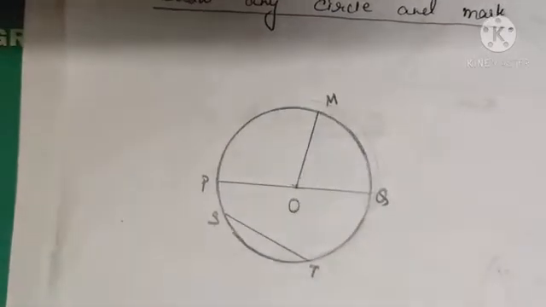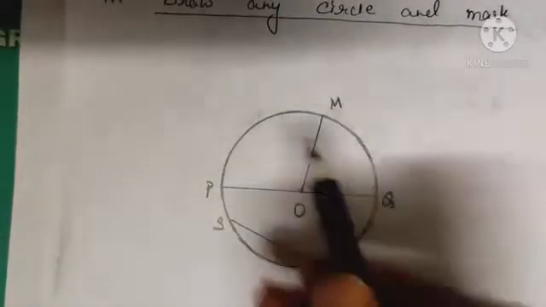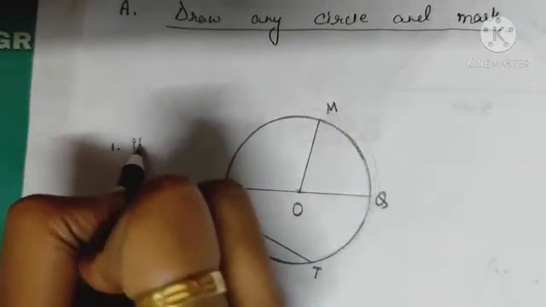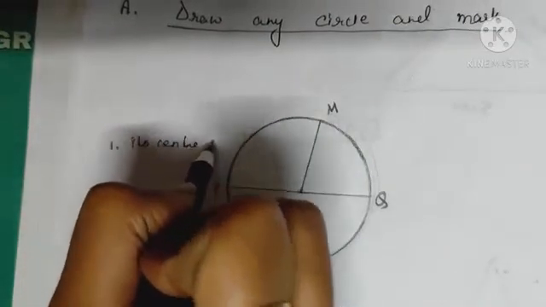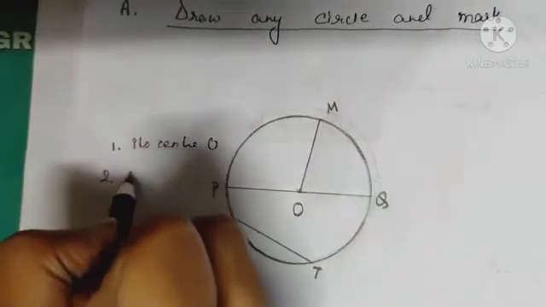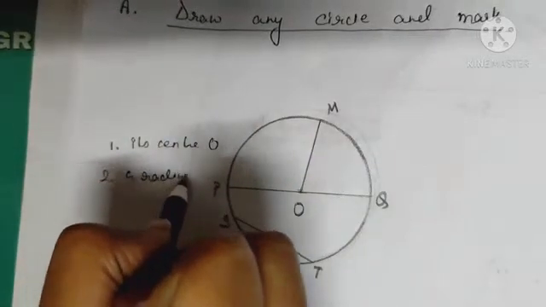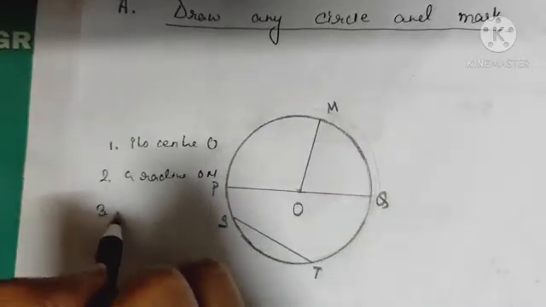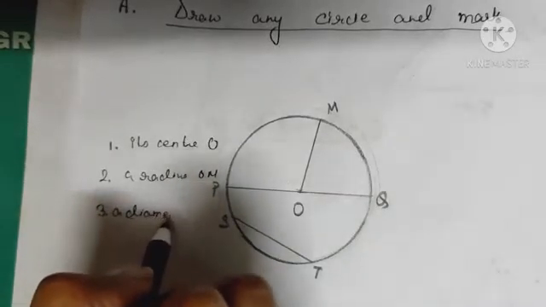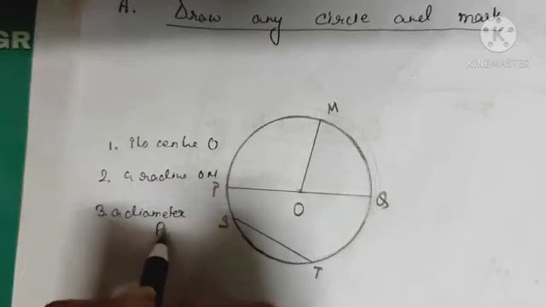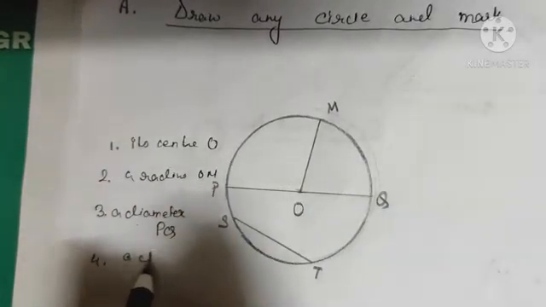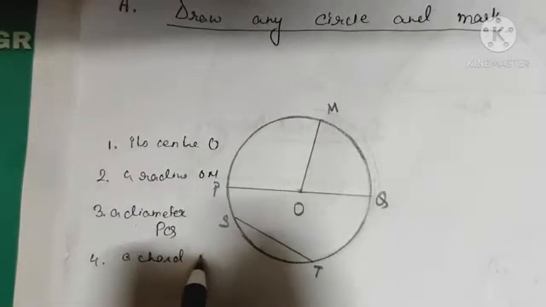Now you can also write: number 1, its center O, number 2, a radius OM, number 3, a diameter PQ, and number 4, a chord ST.